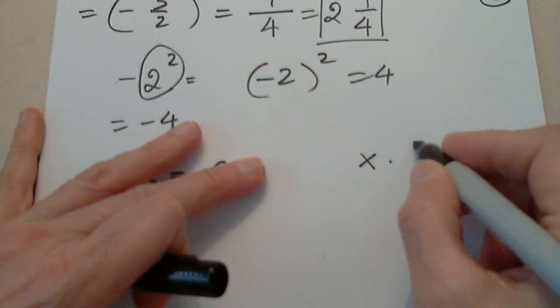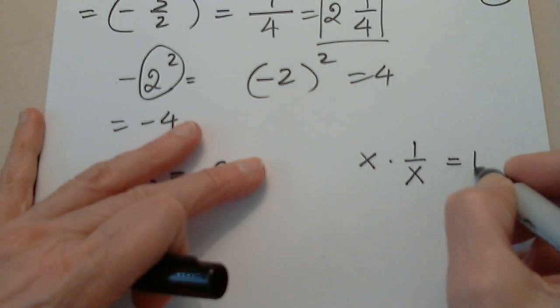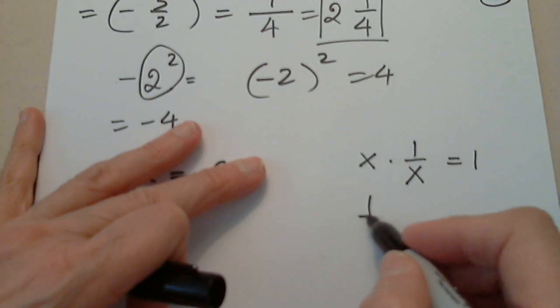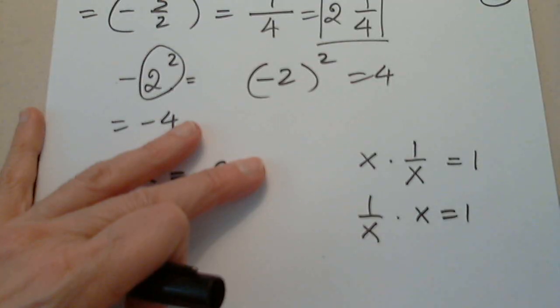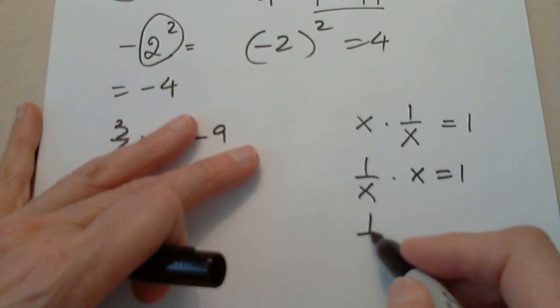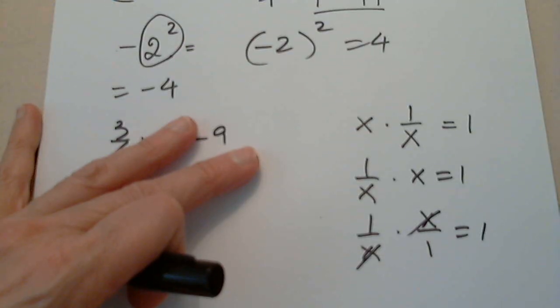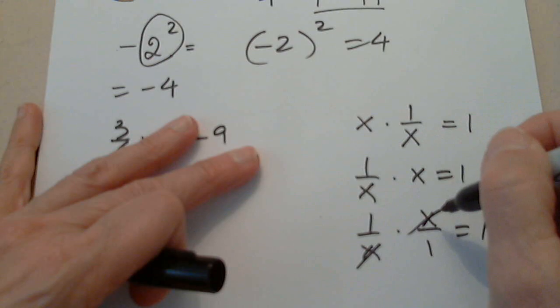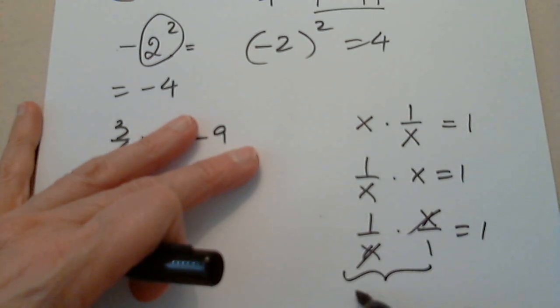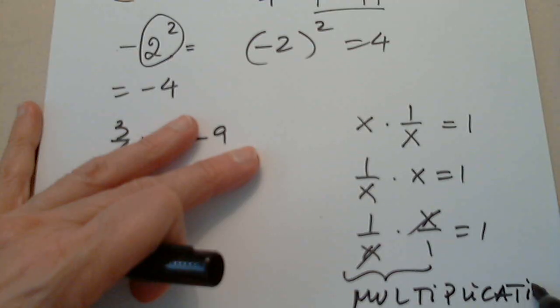x times 1 over x is 1, or 1 over x times x over 1, because I simplify and I get 1. So what are these? These are called multiplicative inverses.